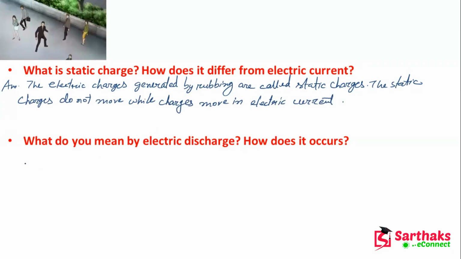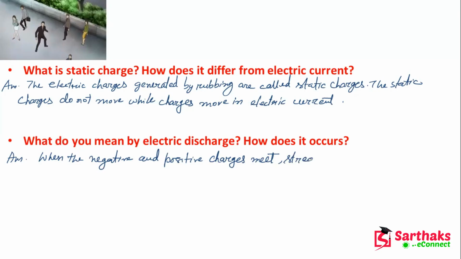What do you mean by electric discharge? How does it occur? When negative and positive charges meet, streaks of bright light and sound are produced.